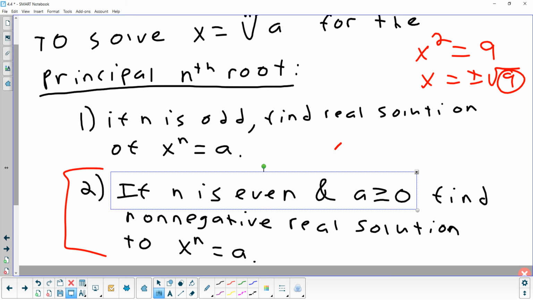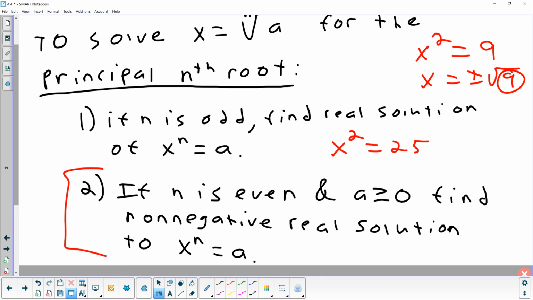Basically just solving this equation. I'm looking for you to tell me the answer to that equation that is not negative. Could be 0, but I don't want the negative answer. I want the positive answer, or 0.